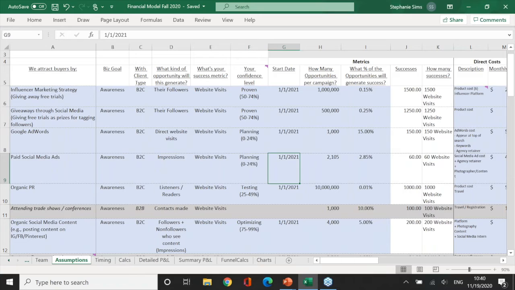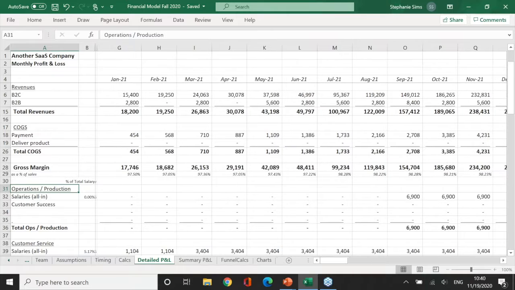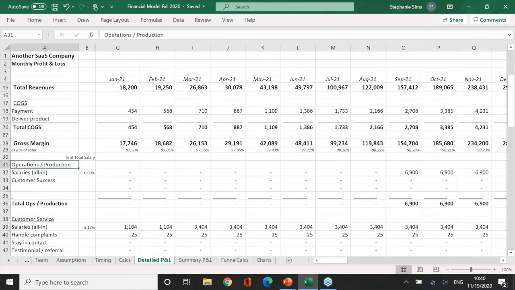And I always encourage people to create start dates and to allow their model to run independently of any kind of, again, hard coding. So instead of going in and saying, well, this is going to start in March, and typing it in March, right, which is what you may have seen, people would come into their P&L and just type in what the number is in March.